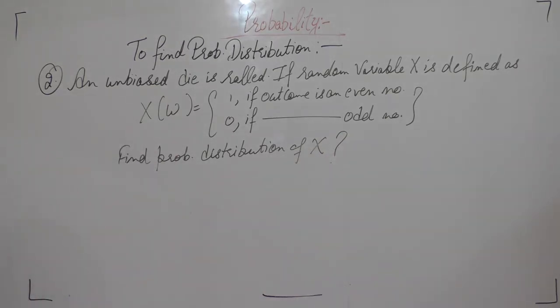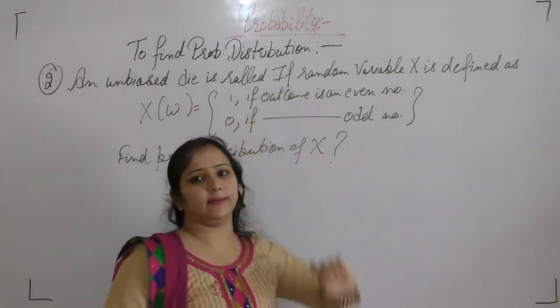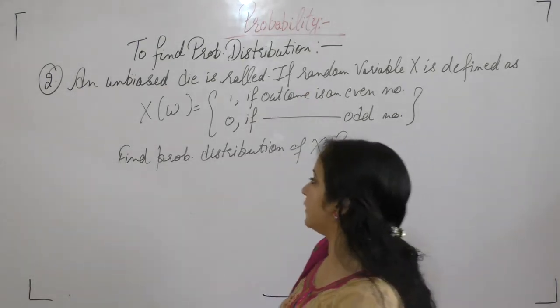We are given that the value of x is 1 if the outcome is an even number and 0 if the outcome is an odd number.